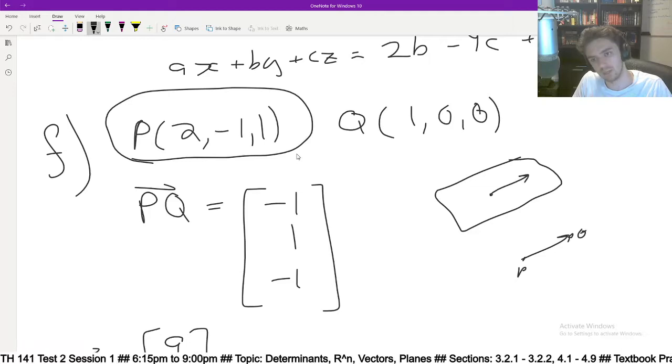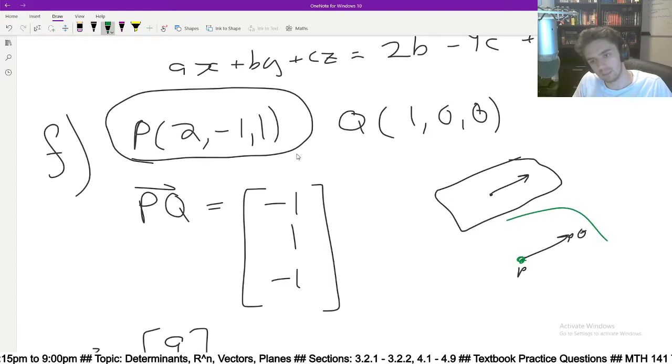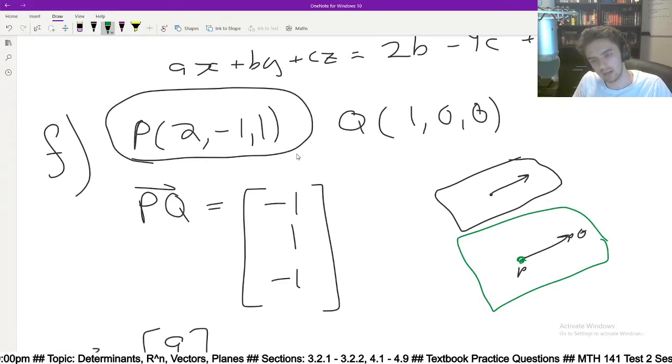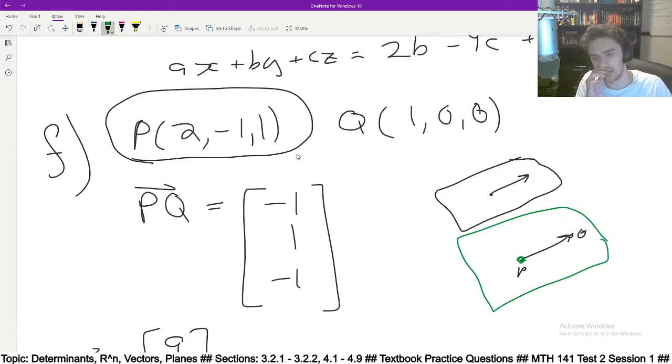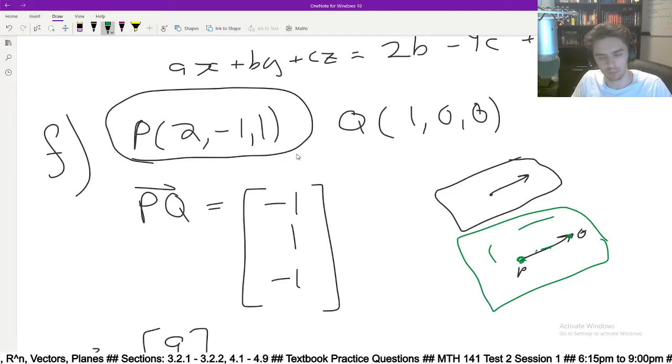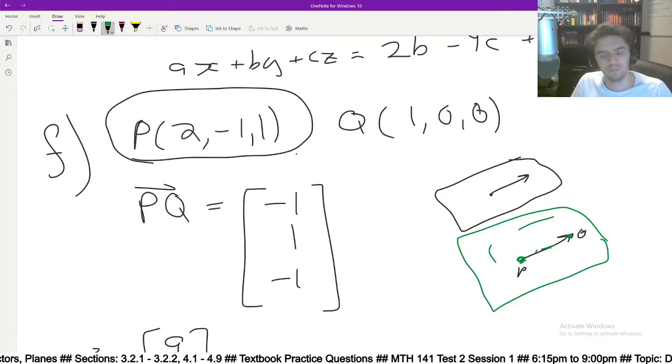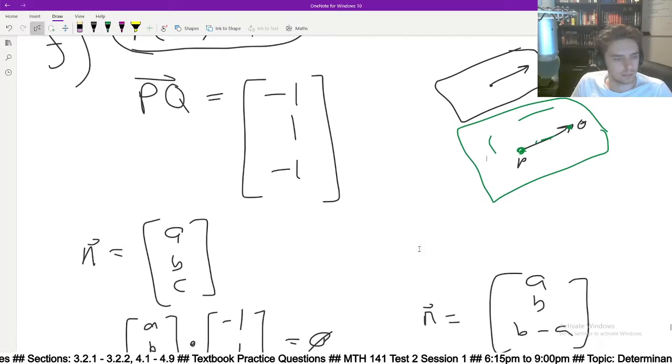It still has PQ, but when I put in that point, I'm putting in P, so it must be down here now. And since it's going in the same direction as PQ, it has P, it must also have Q, and every other point between them, and now a whole plane of points.